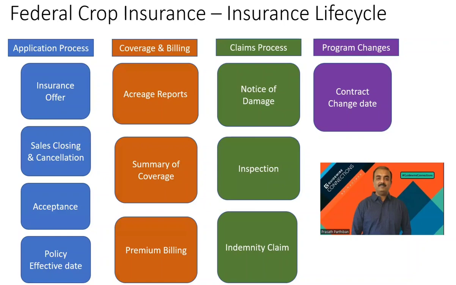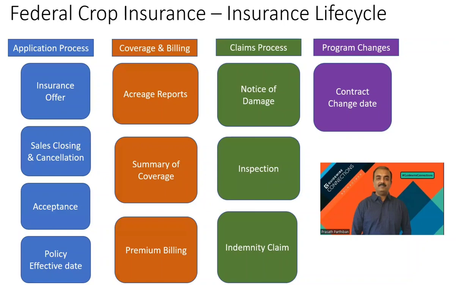Now, what happens if there is a loss? The customer has to submit their claim, which is nothing but a notice of damage, within 72 hours from the date of loss. When they submit it, it is possible that the insurance company will send some adjusters to do an inspection of the area where the loss happened.